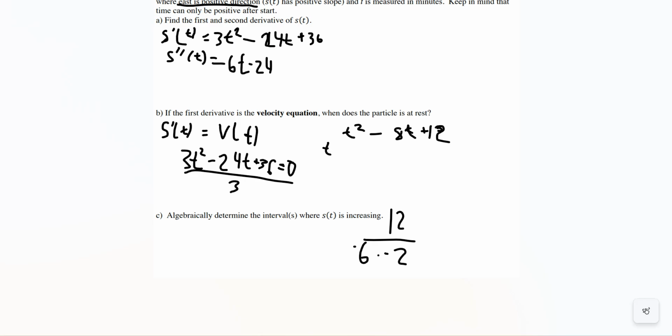So t squared minus 2t minus 6t plus 12. Let's take a factor of t out of the first two and a factor of negative 6 out of the others. So we have t minus 2, and t minus 6.